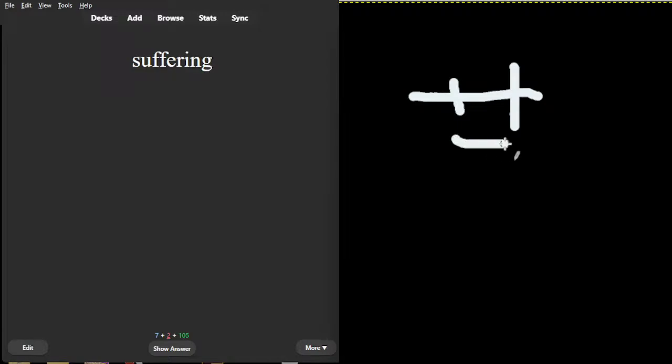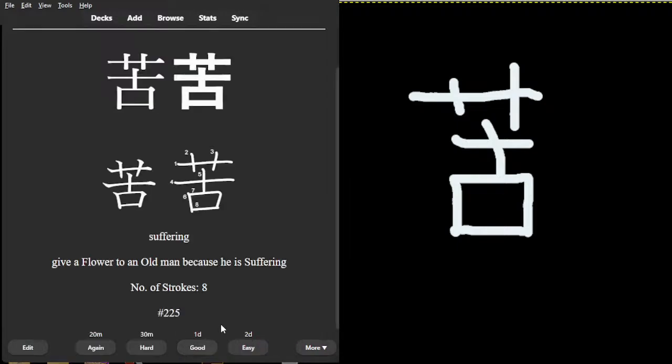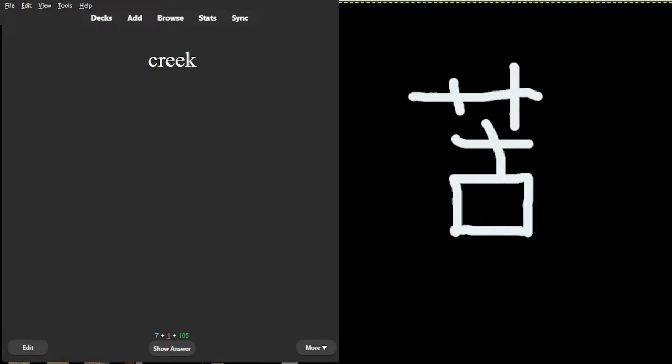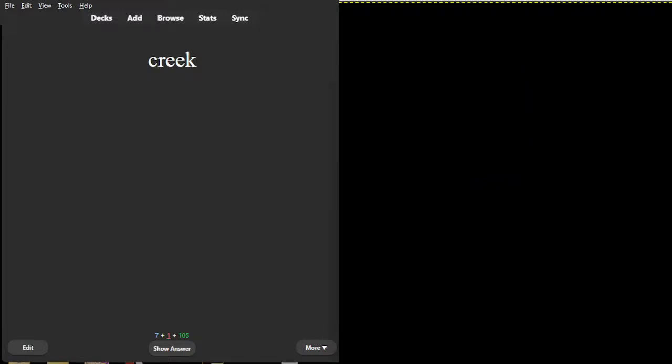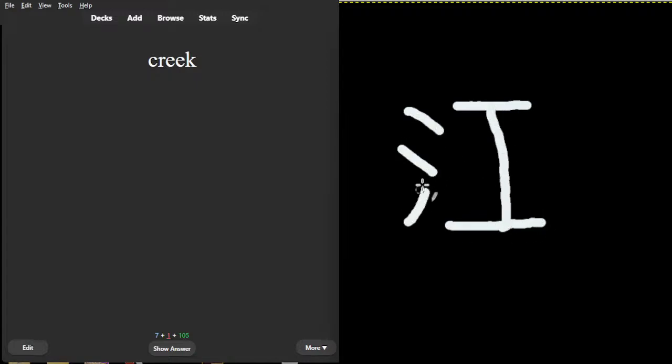Old man is suffering, so give him a flower. Creek is a waterway that you can craft handmade.